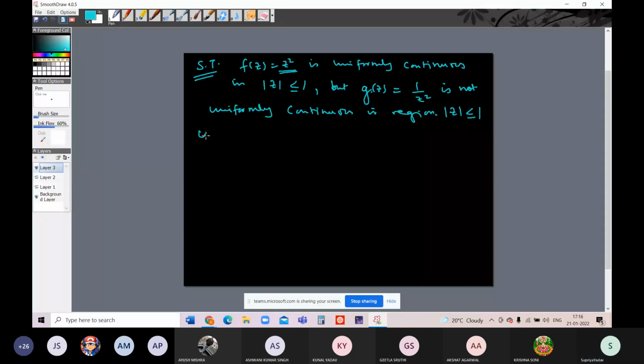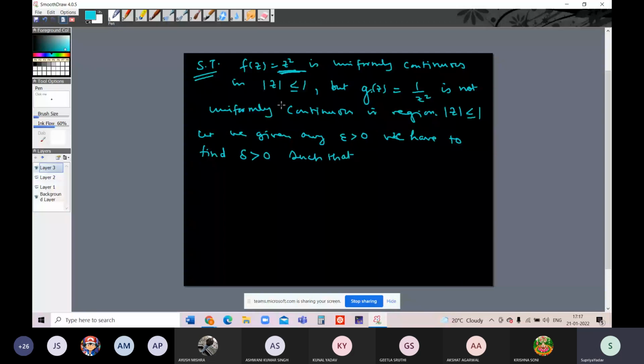तो लेट वी हैव गिवन any epsilon greater than 0. So we must have to find a real delta greater than 0 such that here I am choosing 2 points z1 and z2 in this region.